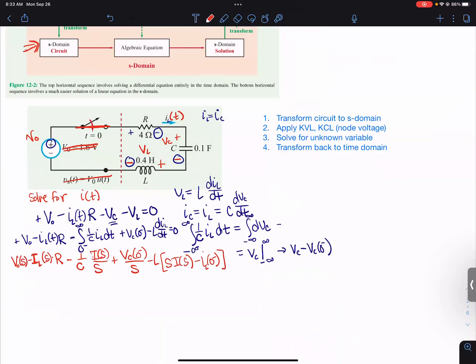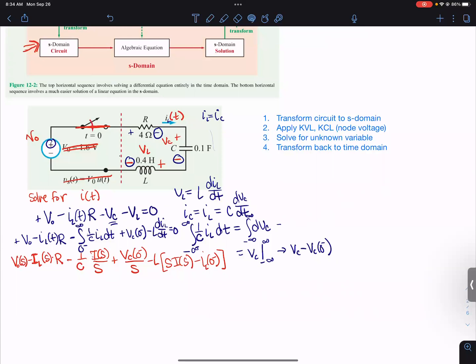Should say IL of 0 minus. So before the switch moves, we have to look at those initial conditions. And it's open, and so IL of 0 will be 0 and the capacitor voltage will be 0, right?